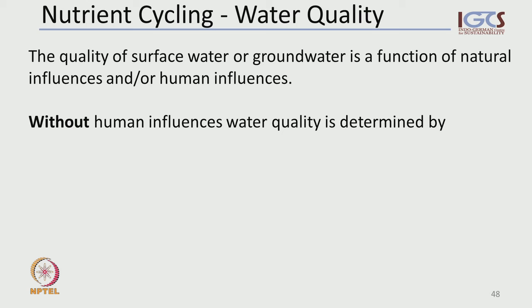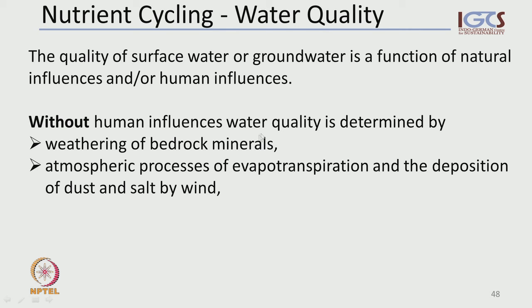What would be the factors influencing water quality without human influence? That would be essentially the weathering of bedrocks, which contribute minerals and nutrients to water, and the atmospheric processes of, for instance, evapotranspiration and deposition of dust and salt by wind.